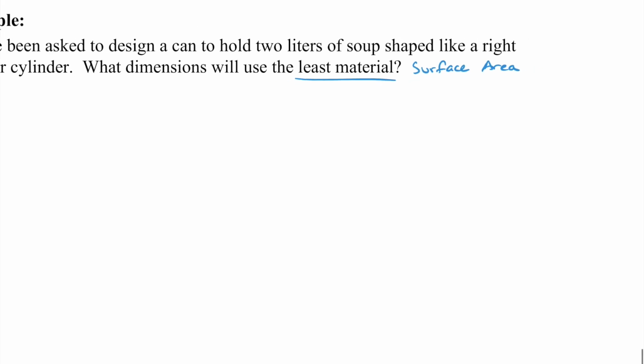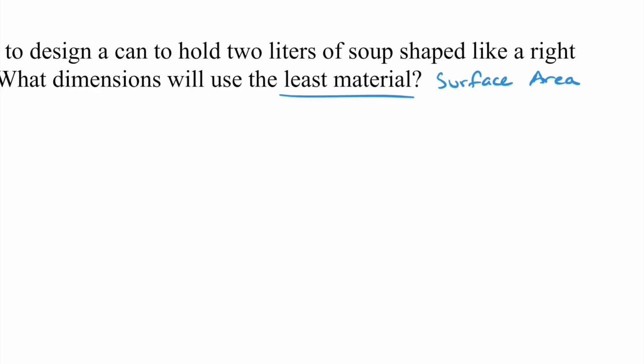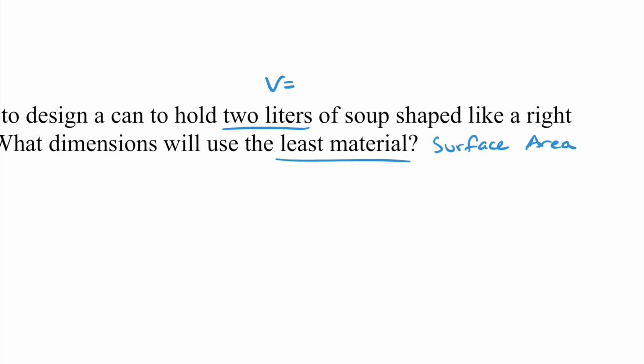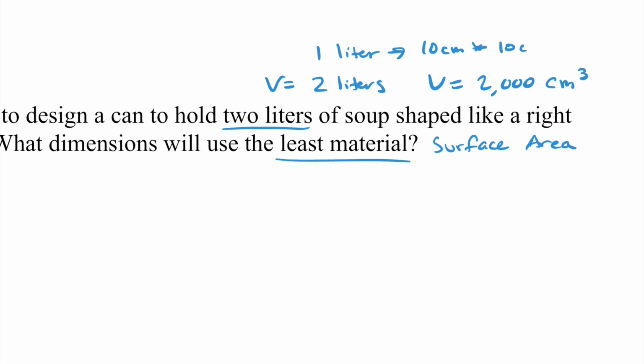And then we want 2 liters of soup. So our volume is 2 liters. To me, that's 2,000 cubic centimeters. Don't forget, 1 liter is 10 centimeters times 10 centimeters times 10 centimeters.